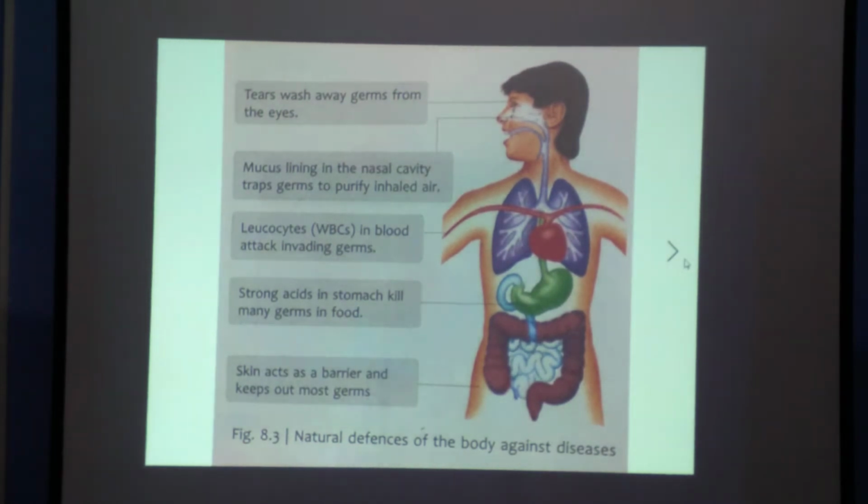Although the air, food and water around you are full of pathogens that can enter our body, you do not always fall ill. Why don't we fall ill? Even though we have a lot of germs around us, in the water we drink and the air we breathe, the disease-causing microorganisms do enter our body, but we do not fall sick all the time.